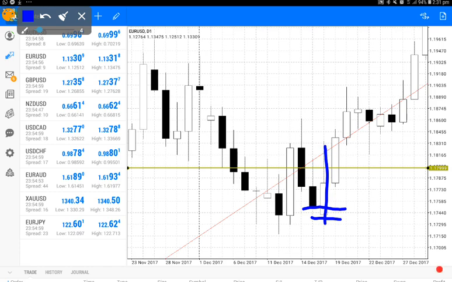Now, a gap is another strong indicator of a change in the mood of the market. So when you see a gap like this, closing back up, it's an indicator that there's a change in the market. So this changed the mood of the market, and then it went back up.